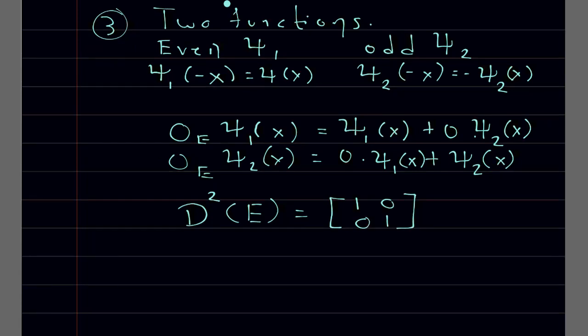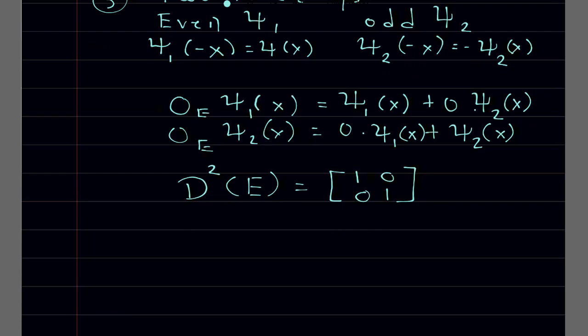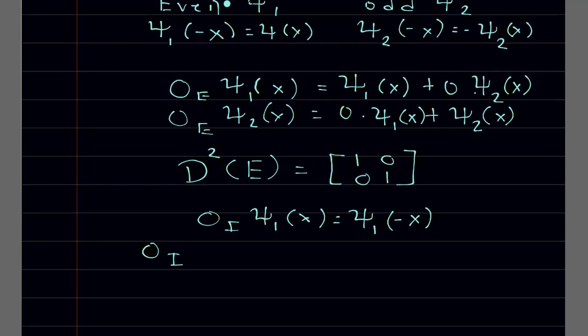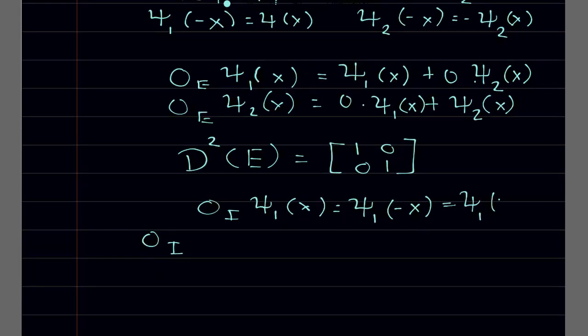Easy. Similarly, let us work with O_I. So O_I, when it acts on psi1 of x, okay, we have to be careful here. So we are going to get psi1 of minus x. Okay, so what is psi1 of minus x? Psi1 was even or odd? So psi1 is an even function. So I'm going to get here what? Psi1 of x. So O_I acting on psi1 of x gives me psi1 of x.